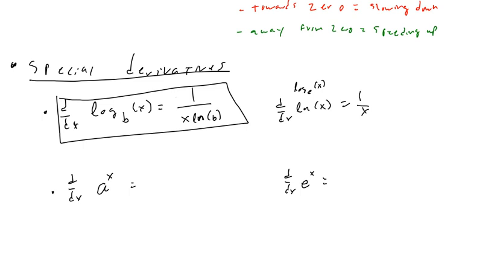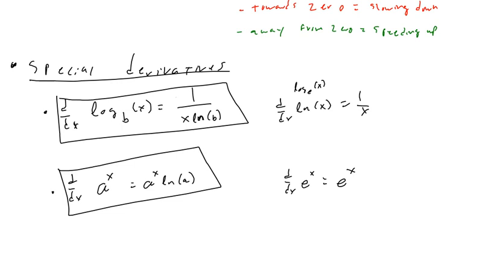For a to the x, it's a to the x ln a. That's the derivative of a to the x. So if you're using something that's not e or ln, a regular log or an a to the power of x, it involves the natural log.